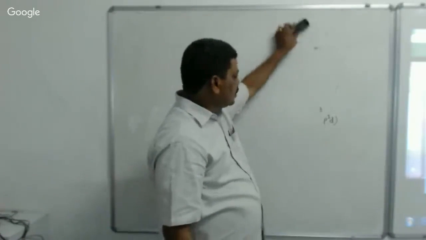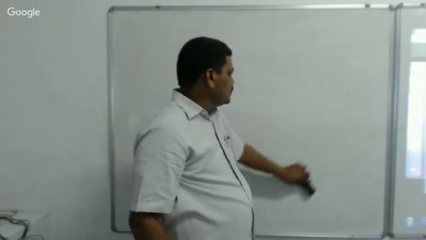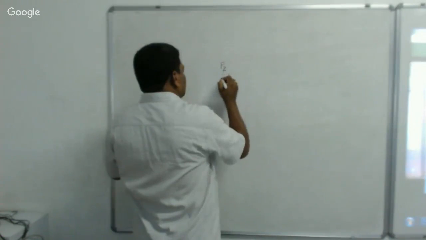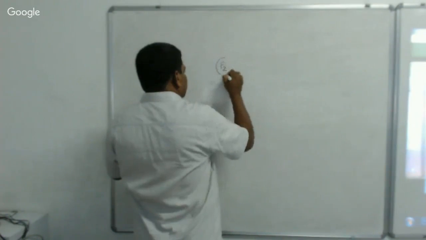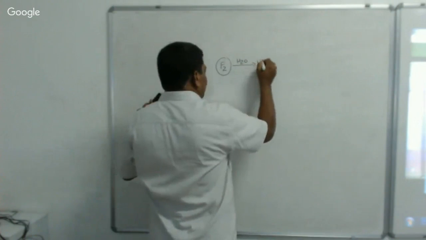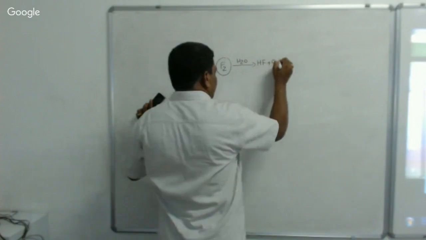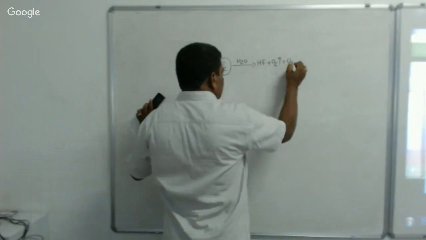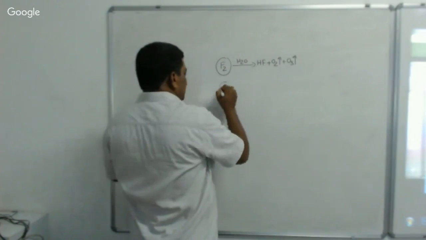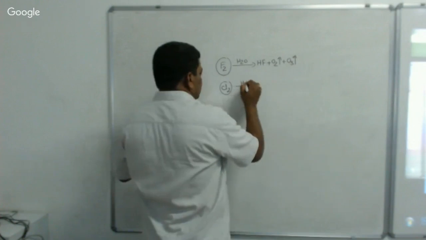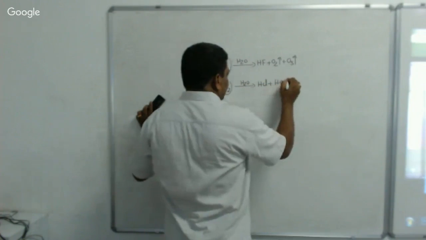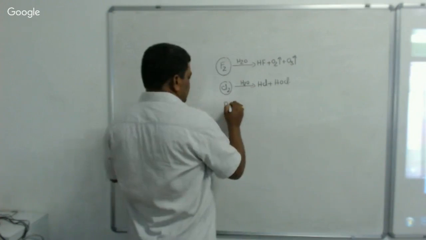So this is about the reaction of halogens with water. When fluorine reacts with water, it liberates oxygen and ozone. When chlorine reacts with water, it forms HCl plus HOCl.